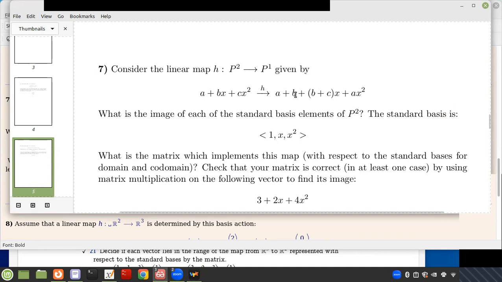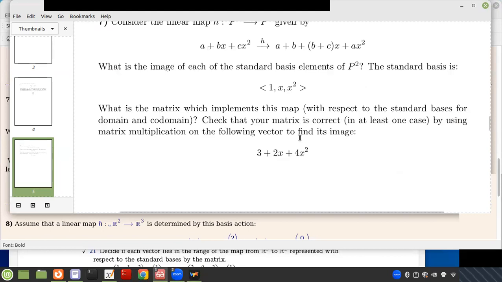We take that image and represent it as a column vector. The image of 1 under this map, made into a column vector, would be the first column of the matrix. The image of x represented as a column vector would be the second column, and the same for this one.